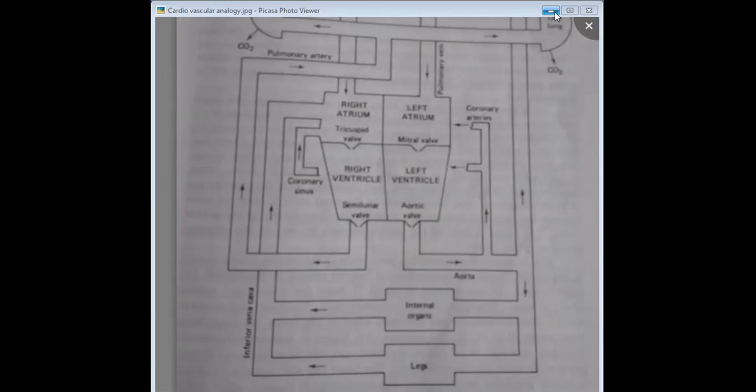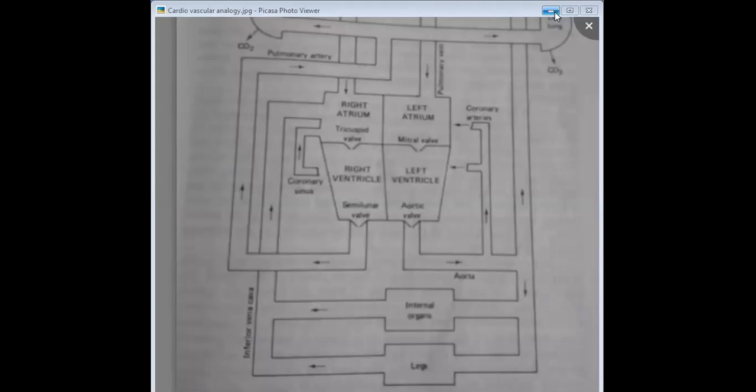Like this, the pump supplies blood to and from different parts of the body, and it is sent to the lungs where the deoxygenated blood is oxygenated, and again that collected blood is sent to the different parts of the body.